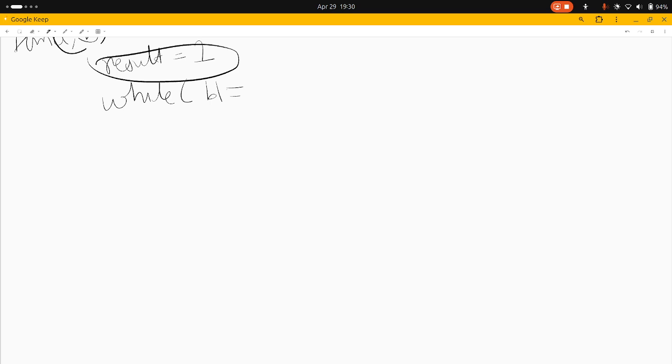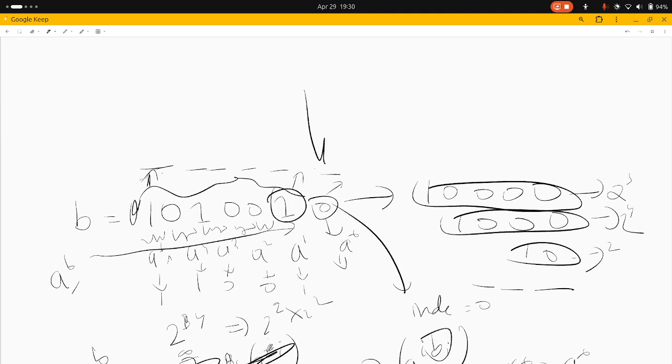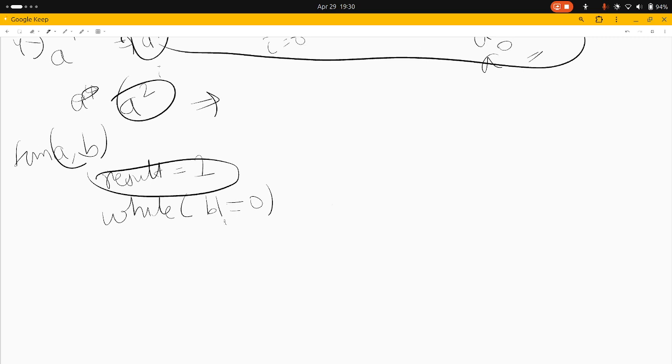While b is not equal to 0, I have to check whether the ith bit is 0 or 1. So if b and 1 equals 1, then we can multiply the result by a.